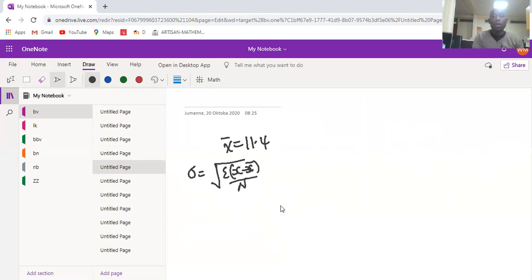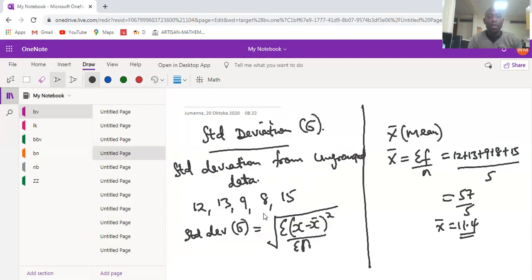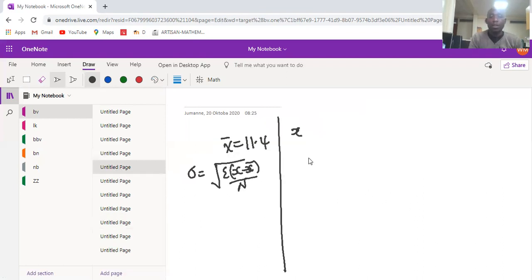So what we need to do is make some columns. We can have our x values, which are 12, 13, 9, 8, and 15, arranged downwards like that.